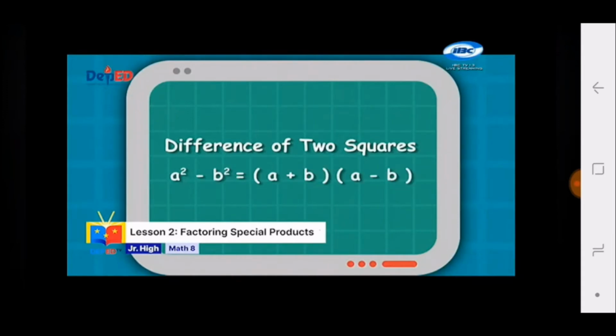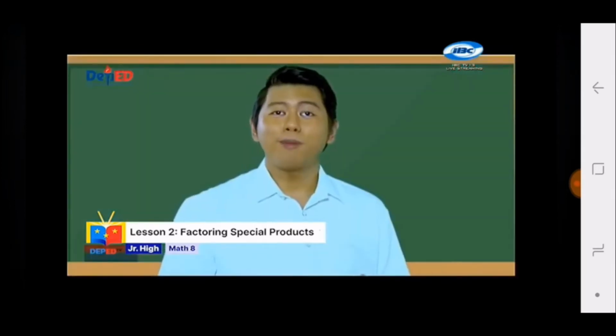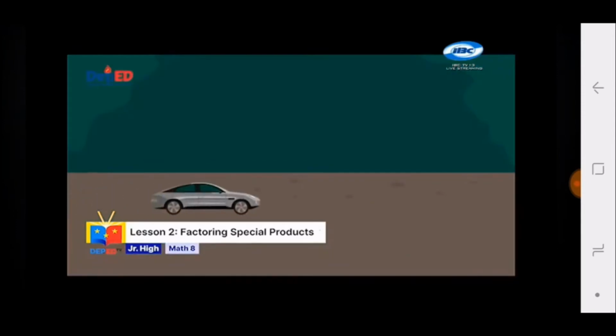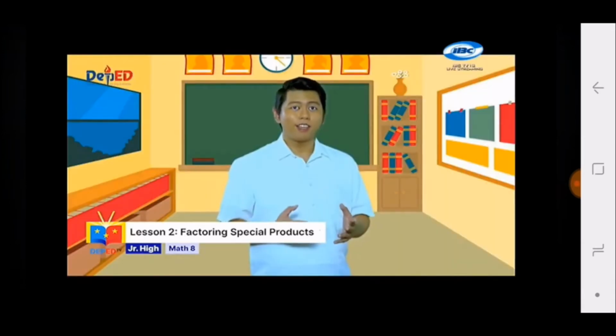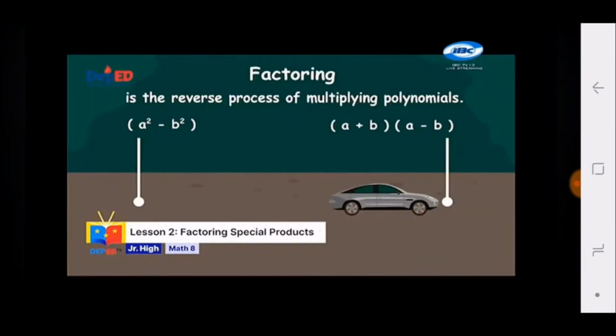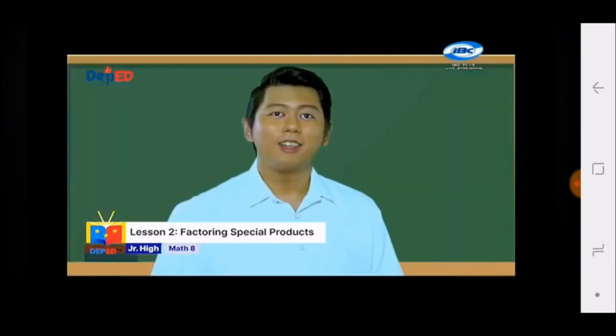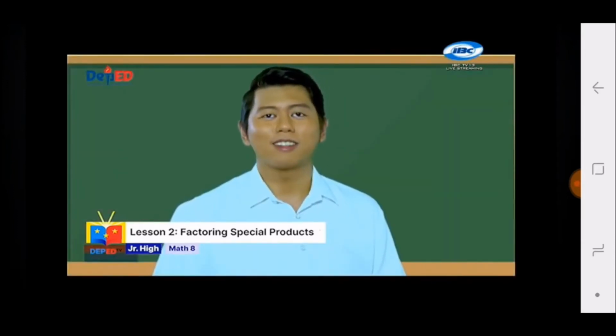This polynomial is a special product because there is a pattern that is so unique to its form. Multiplying polynomials is like driving a car forward. You are given a starting point and you need to find the product at the last destination. While factoring is the reverse process of multiplying polynomials. We will drive backwards as we are given the product and we are asked to find its factors.